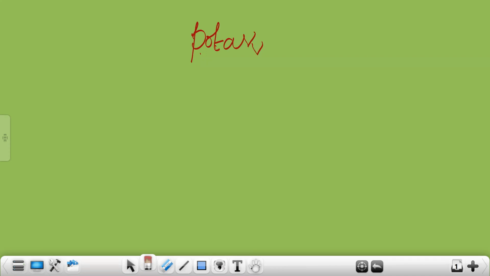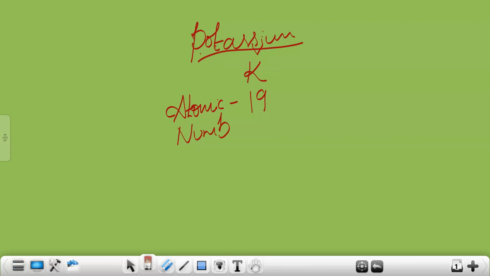Potassium. When we study potassium, we have to understand its symbol is K, and its atomic number is 19. Its electronic configuration is 2, 8, 8, 1.